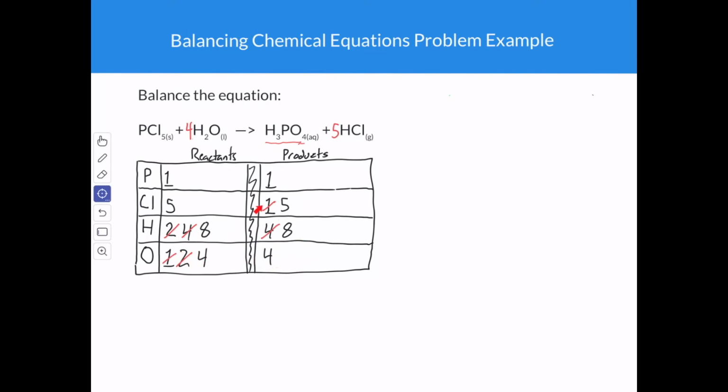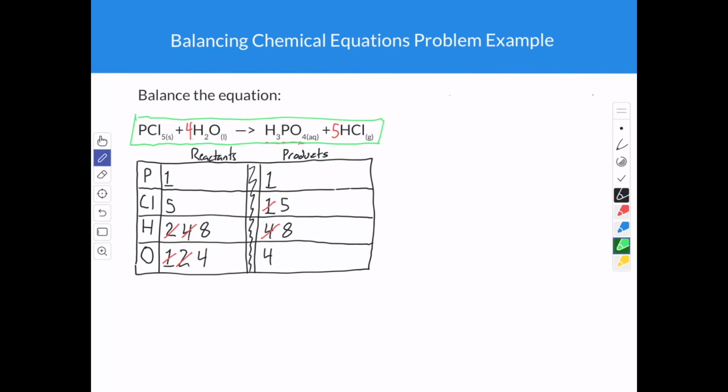So now we have a completely balanced equation without even having to separately balance the oxygens. So our finalized balanced equation is here.